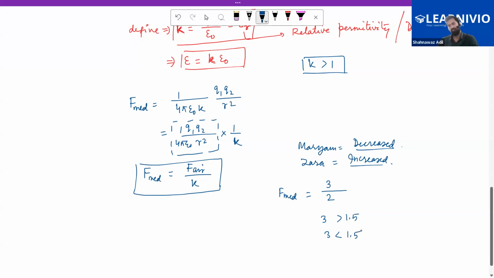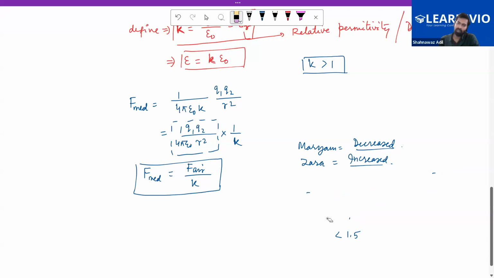Because this answer is 1.5, right? So F medium is 1.5 and F air is 3. So it will be decreased, right?